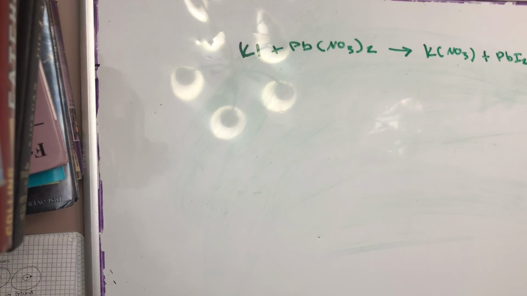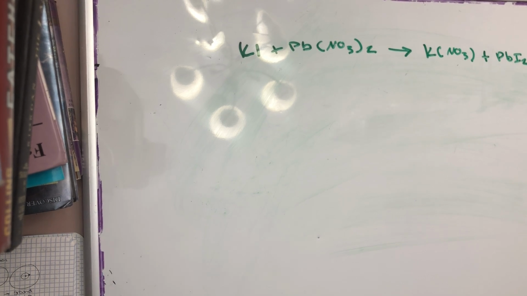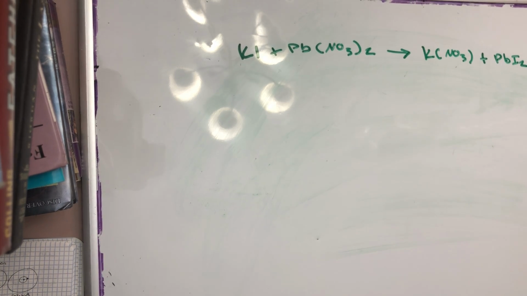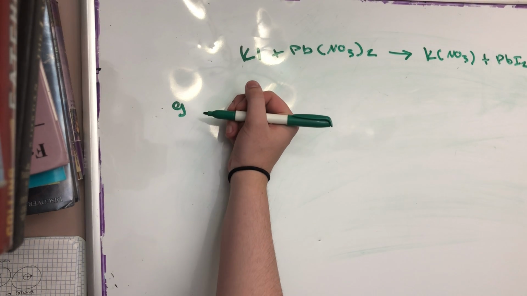Hopefully you can see that. Yeah, barely. Okay. It looks like this equation is pretty much already balanced. So we are going to find out how many grams are in the PbI2. So that's what we're going to find out.